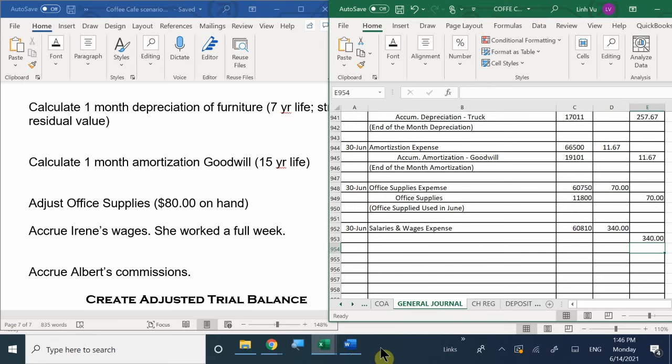Would that one be the payroll payable, or payroll liabilities? What specific account are we going to use? Let's see, it is salaries and wages payable. Correct. So in this case, this is what we accrued. This is the amount that we owe her that she's earned in the month of June.